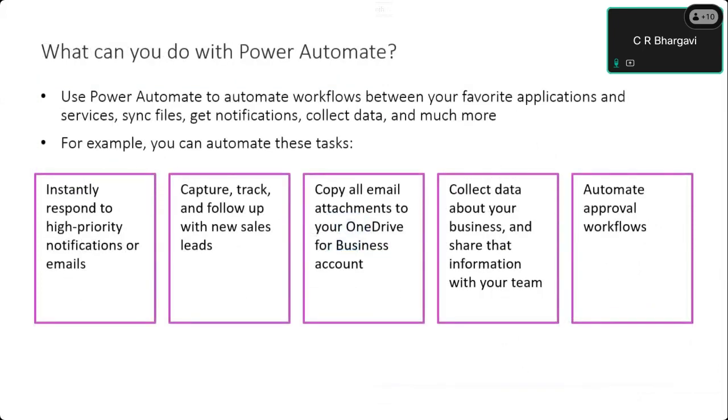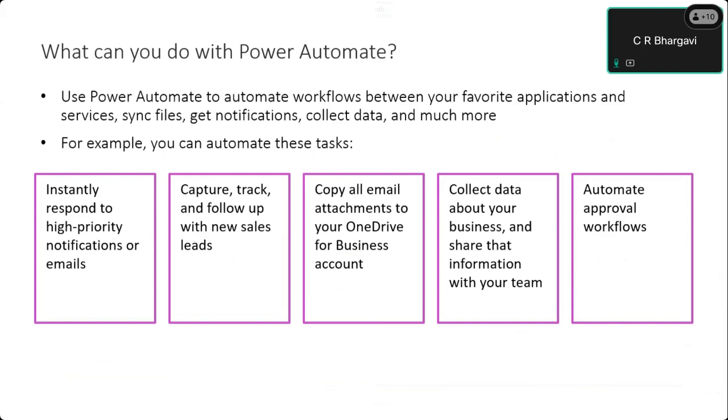So what else can we do inside Power Automate? One is what we saw, approval workflows. And with the help of the Power Automate tool, we can develop an automated flow between the favorite applications that we have, and we can sync files, get notifications, collect data, or have much more done with it.